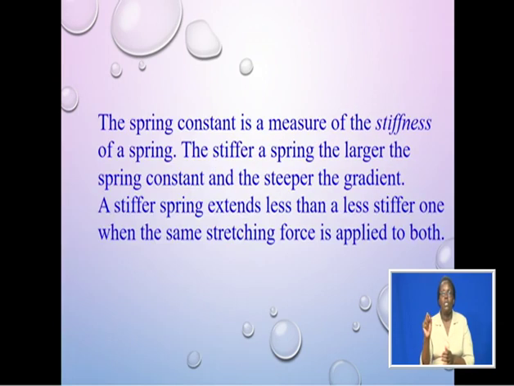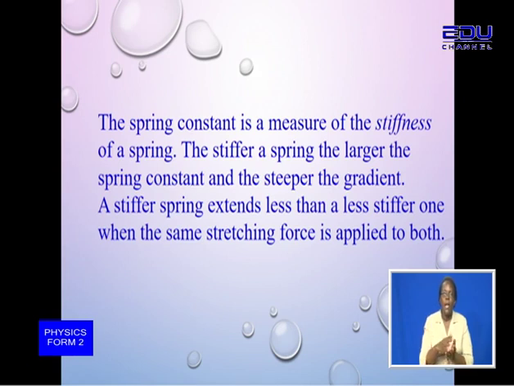So what is this spring constant? What does it mean? What is its significance? The spring constant is a measure of the stiffness of a spring. The stiffer a spring, the larger the spring constant, and the steeper the gradient.